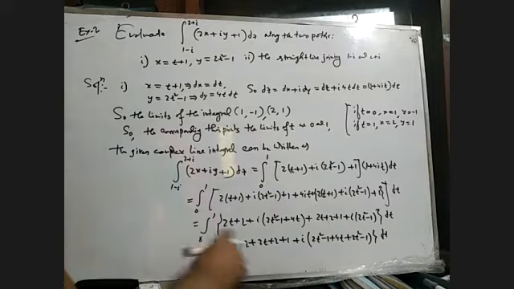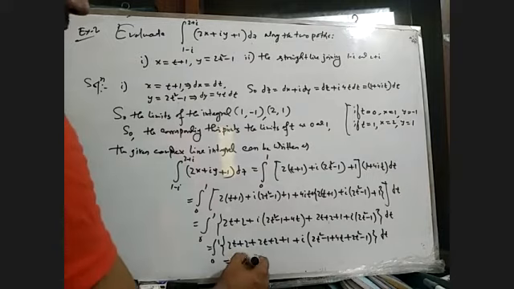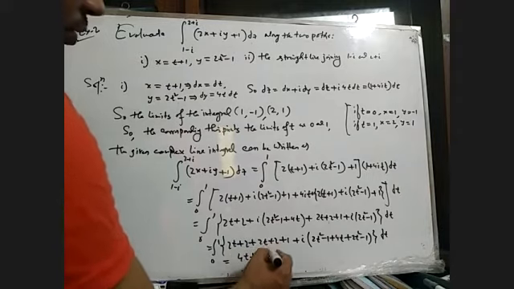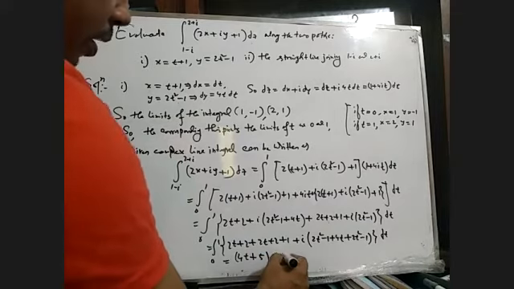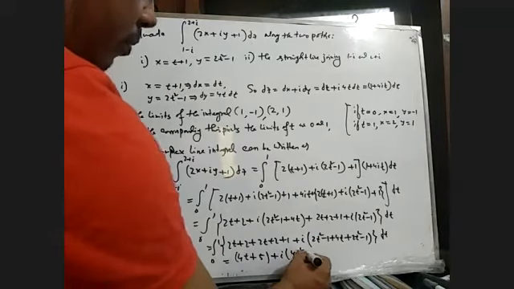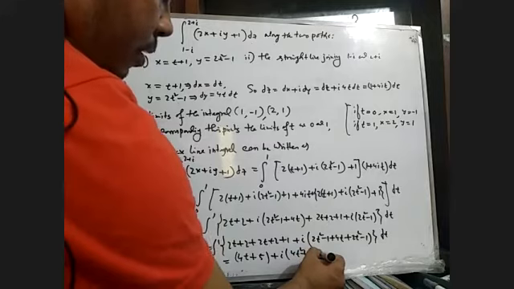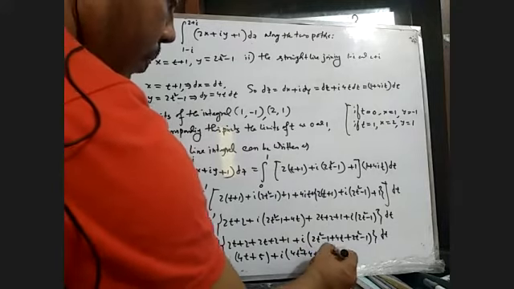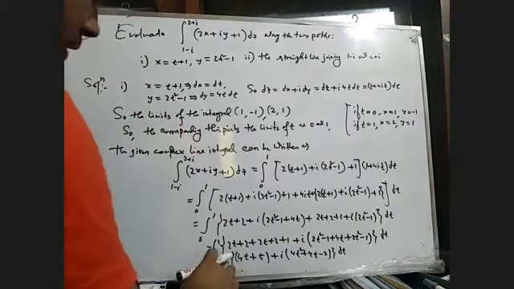So after this line, we can write 4t plus 2 to 5, i into 4t square plus 4t minus 2, dt.